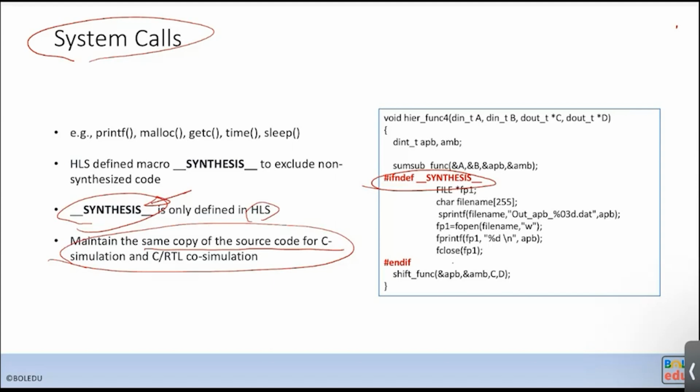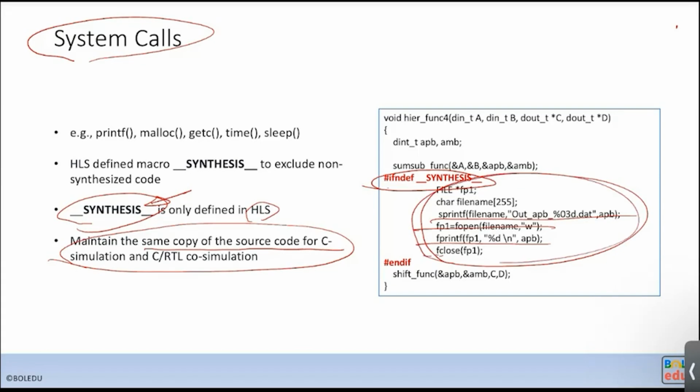For example, for C simulation, you really want to use all kinds of C syntax or debugging syntax that makes it easy to do the C simulation. So you may use printf and file open and those things.